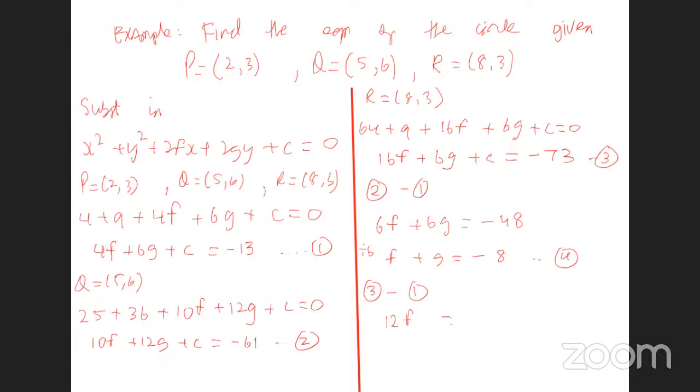Minus 73 minus 13 is... that's minus 63. Why is it looking wrong? Oh, 60. Yeah. Thanks. Minus 60. So we know that F is equal to minus 5. Right? What did you all get for G? Minus 3. Yeah? Solve for G and then solve for C.